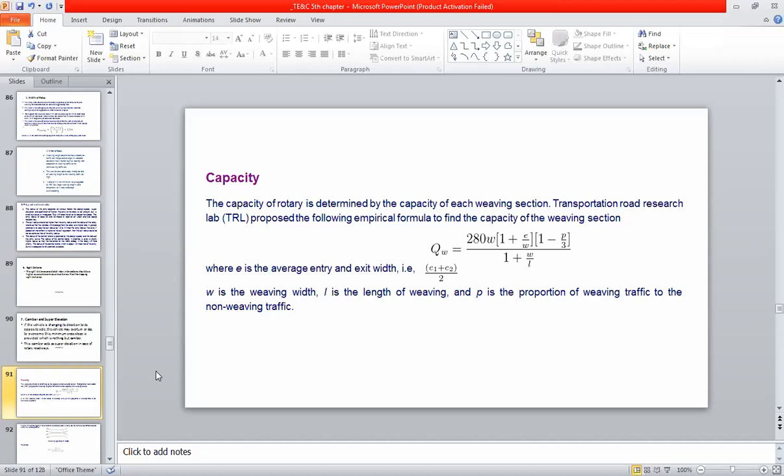Okay. Where E is the average entry and exit width, which is calculated as (E1 plus E2) divided by 2, W is the weaving width, L is the length of weaving, and P is the proportion of weaving traffic to non-weaving traffic.